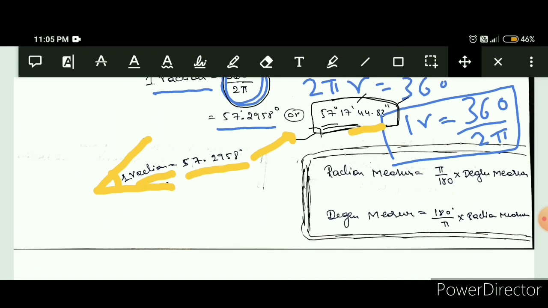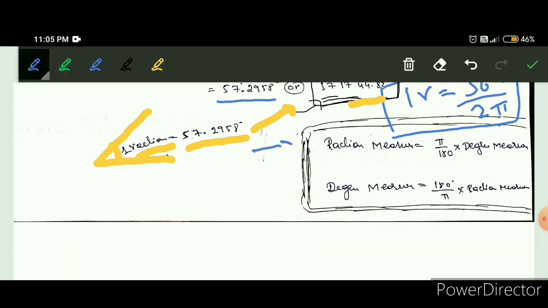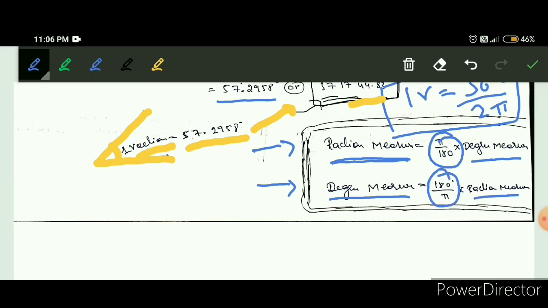Next, these two are important for conversion, radian to degree and degree to radian. If you want to find a radian measure, then you must multiply the degree measure by pi by 180 degree. If you want to find a degree measure, then you must multiply the radian measure by 180 degree by pi.